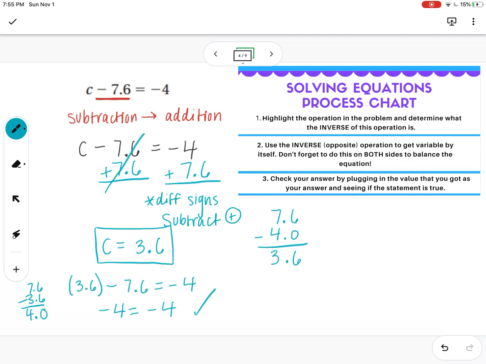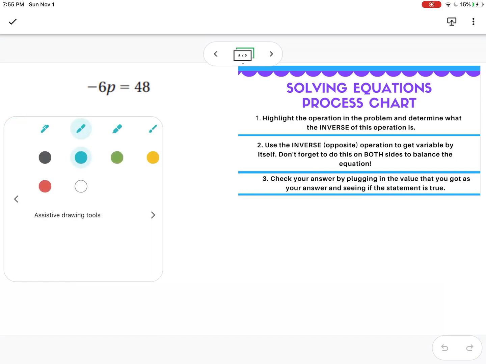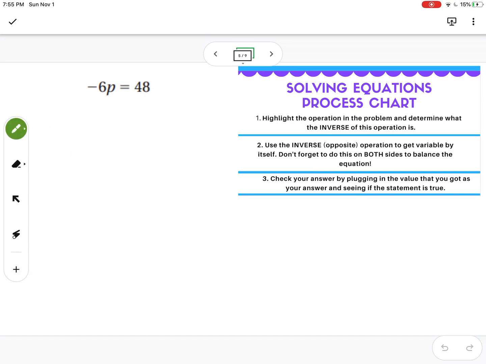All right, let's move on to another example. We have negative 6p equals 48. Something I want to identify for you here is anytime a number and variable are next to each other, it means multiplication.